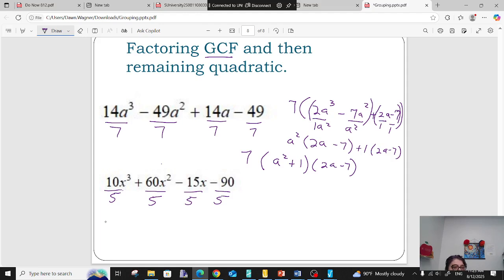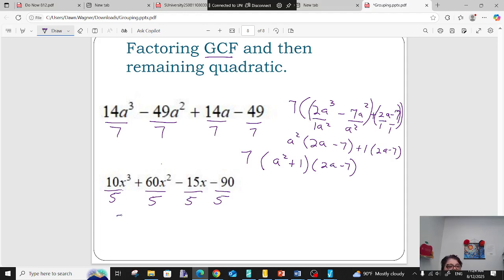No, because then what will happen is you will not be fully factored, because then inside you're going to have bigger numbers, and then you'd have to factor after the fact. And it's actually easier just to do it at the beginning.